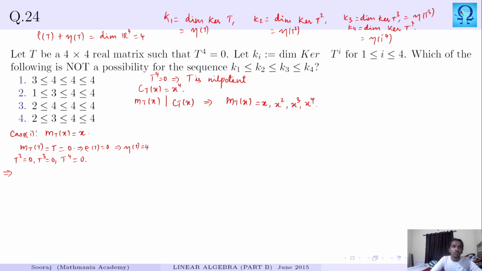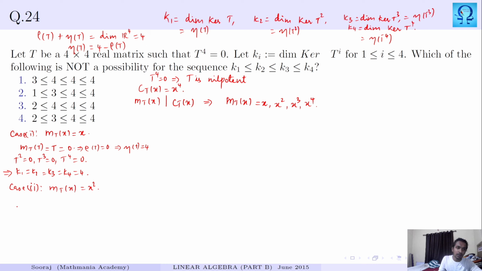By writing it in a Jordan canonical form, that will give you the rank of T, and this nullity can be evaluated from 4 minus rank of T. So this is the ideology that we are going to employ in this problem. So your K1, K2, K3, K4 all are 4 in this case. Now we are moving to the next case, that is when the minimal polynomial is x squared.